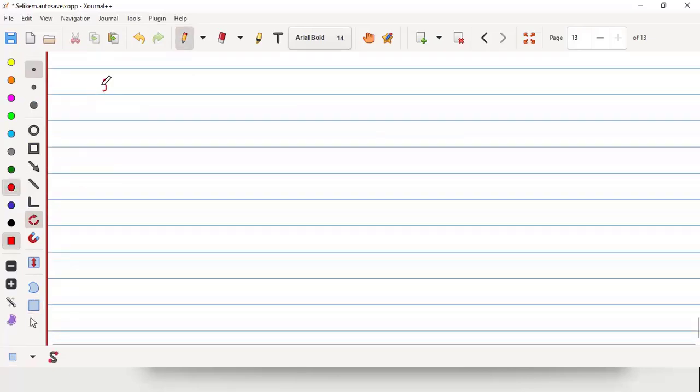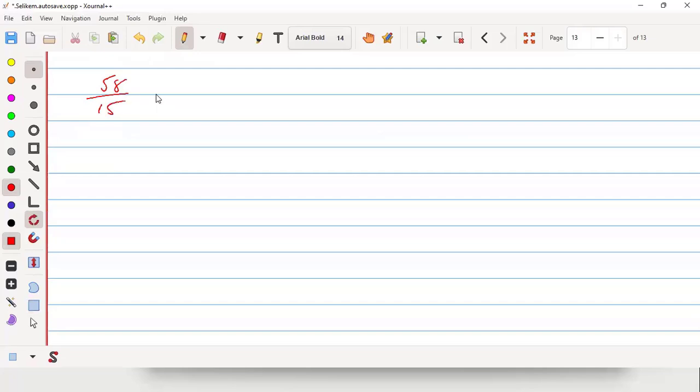So 58 over 15 is equal to, I guess, 3 plus 13 over 15, since 45 plus 13 gives 58.